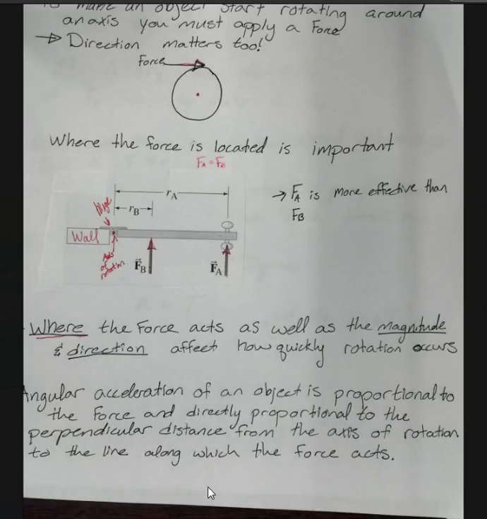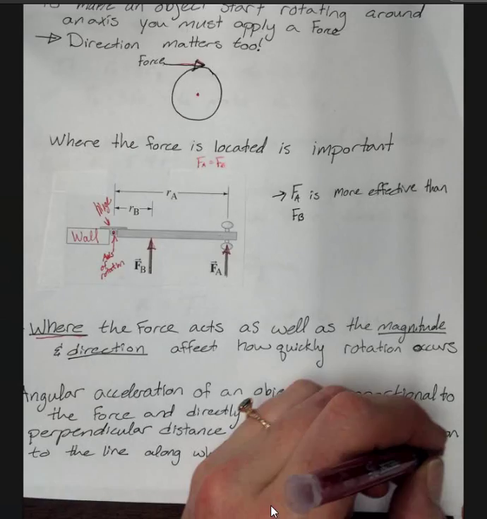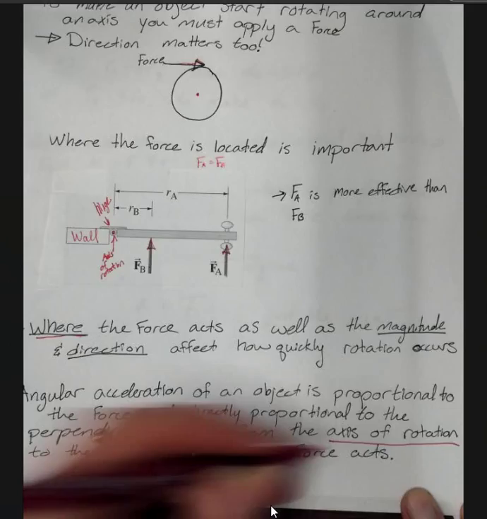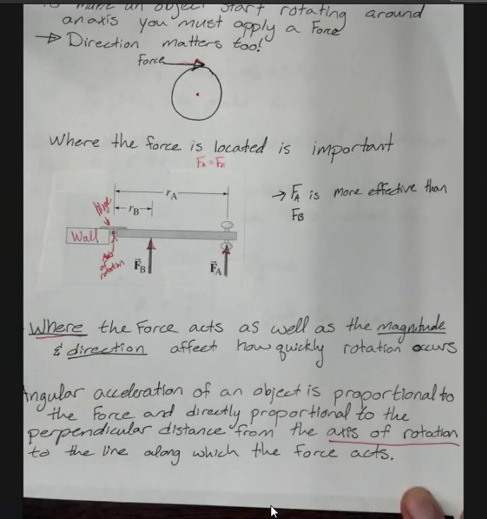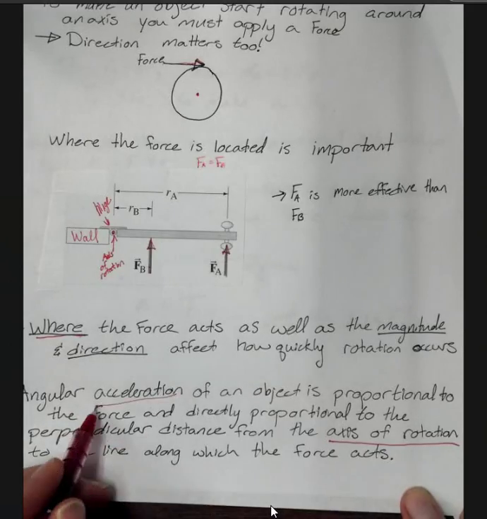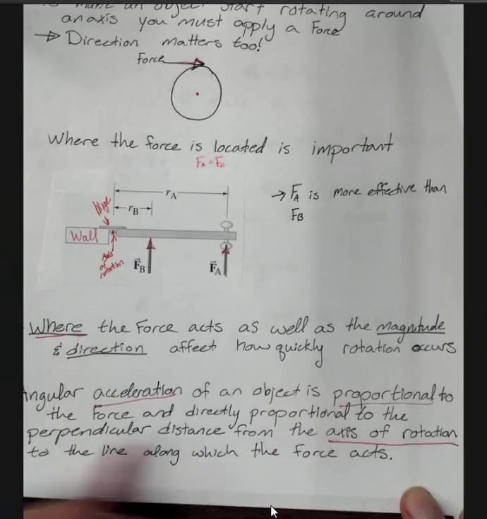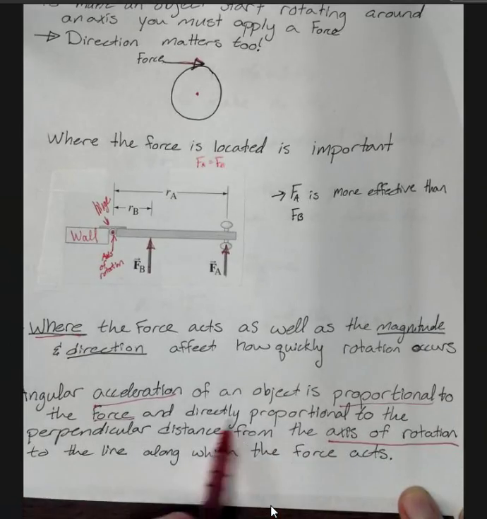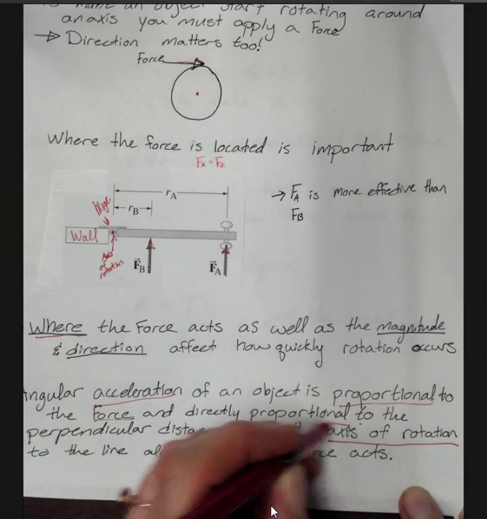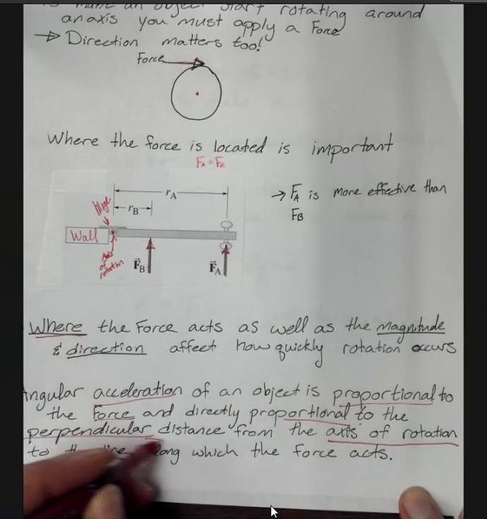It's also going to be directly proportional to the perpendicular distance from the axis of rotation to the line along which the force acts. So here we've got a reference to the axis of rotation, and we're saying that acceleration is proportional to force, which we expect, and it's proportional to the perpendicular distance from the axis of rotation.